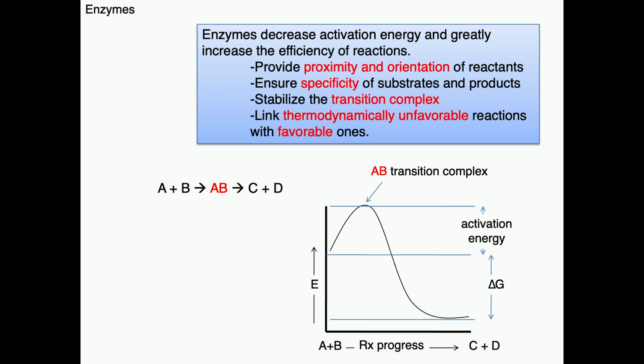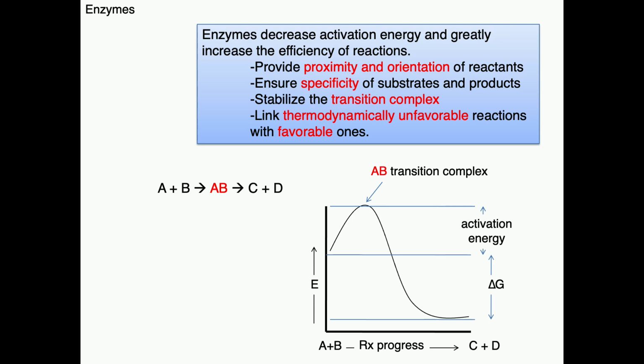Okay, so if we look at a reaction where you have molecules in solution in a test tube and no enzyme present, they have to just, by chance, collide with one another at the right energy and the right angles to form a product. Okay, so if we have substrates A and B and they're making products C and D, there's going to be this intermediate phase where they're joined, right?